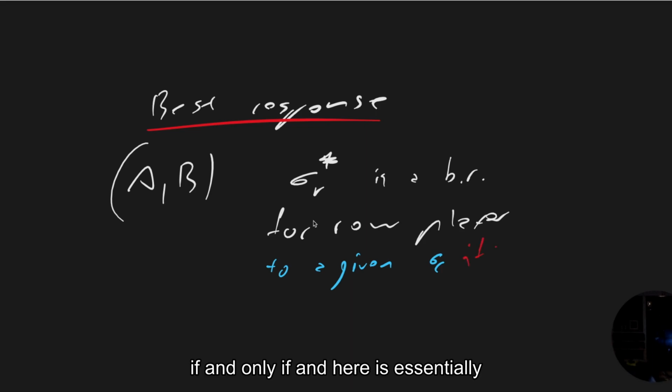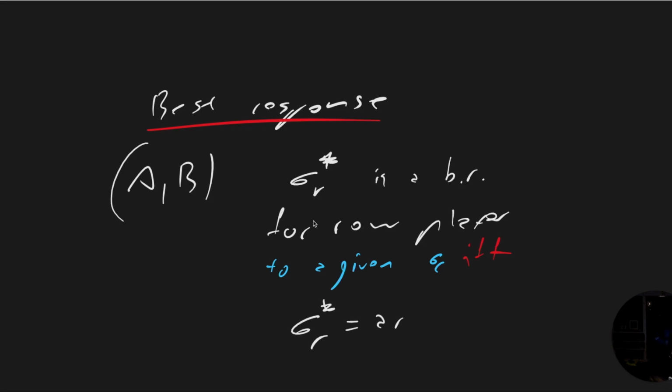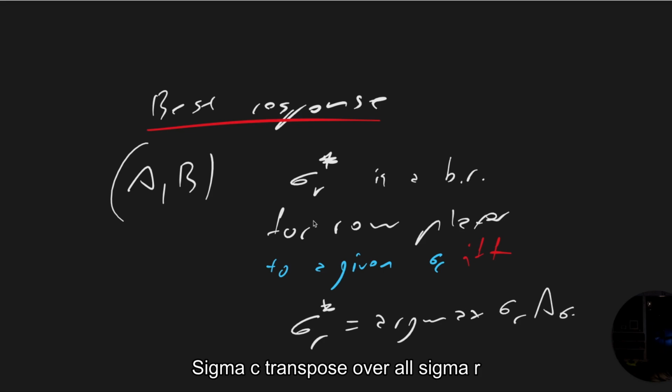if and only if, and here is essentially the definition, if and only if sigma R star equals arg max of sigma R A sigma C transpose over all sigma R belonging to S1.